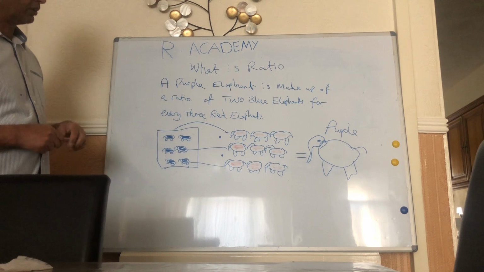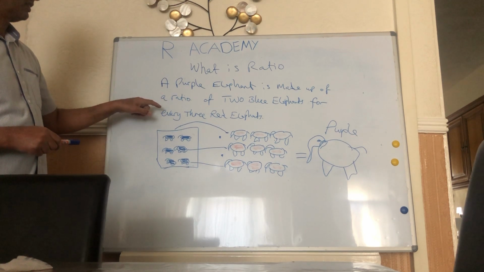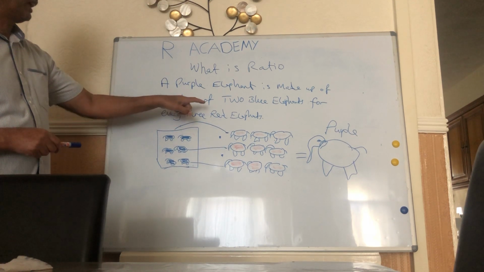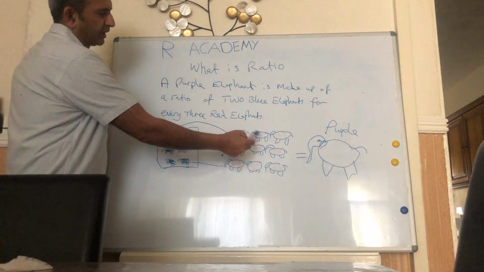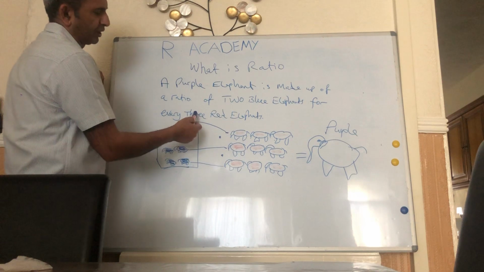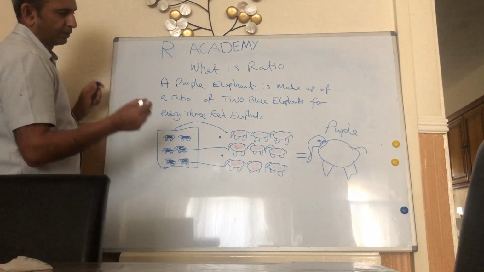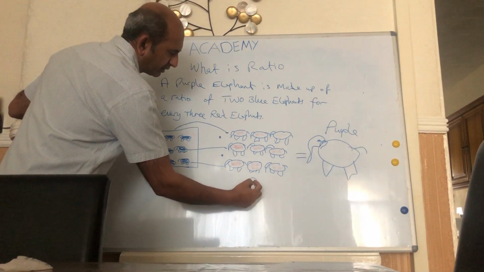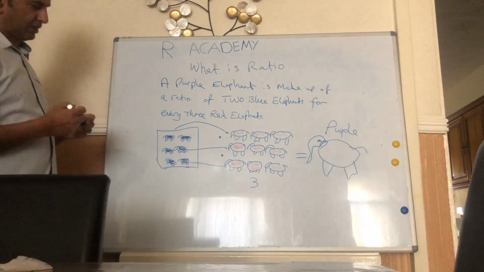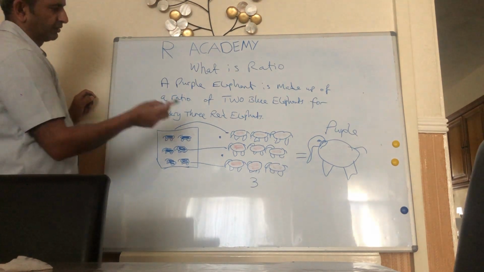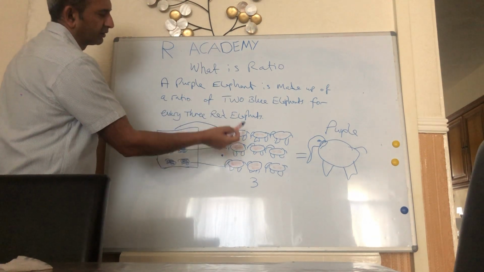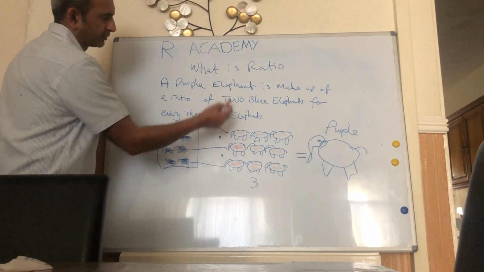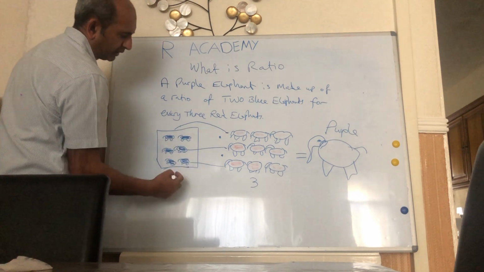Okay? So the other way to look at it is because it's saying for every 3 elephants, you'd have to divide 3 into 9. So divide the 9 by 3. It will give you the answer 3. And then because it's saying for every 2 blue, you just times 2 by 3. So 2 by 3 will equal 6.